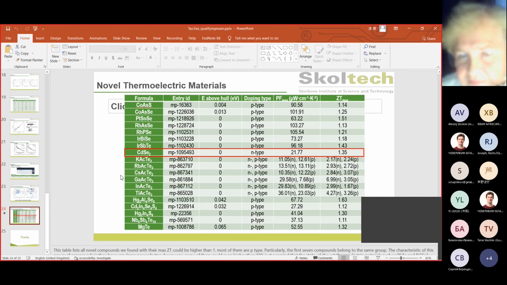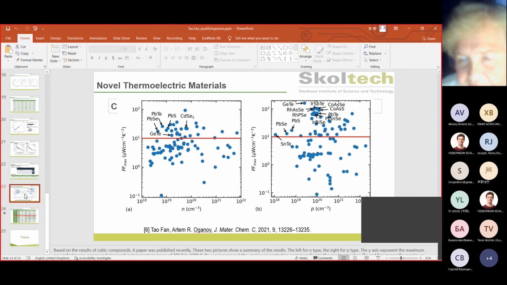I'm not sure where you see the large difference of the ZT, because as I see, just comparing the power factor values of already well-known thermoelectric materials like lead telluride and germanium telluride, I think the accuracy is acceptable. For my method, I'm not trying to accurately calculate the transport properties of these thermoelectric materials.